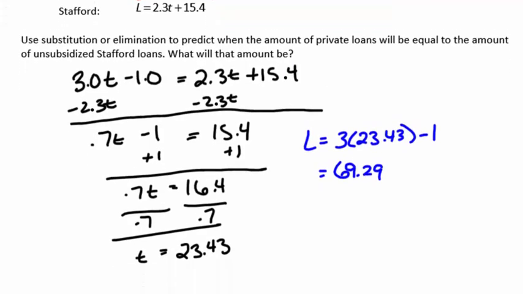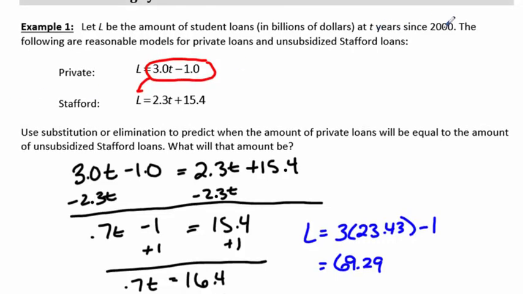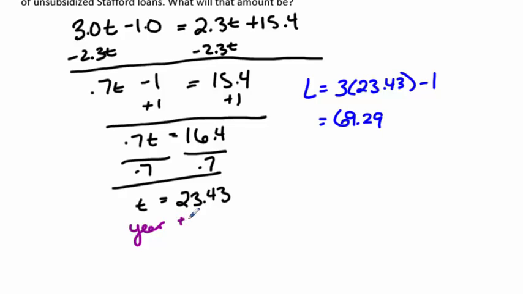Now we need to interpret these values. T is the year value, and it was years, remember, since 2000. So we know that if we add 2000 to this, it's going to be predicting that in the year 2023, L is going to be equal to 69.29.